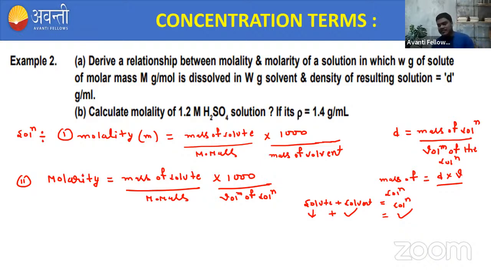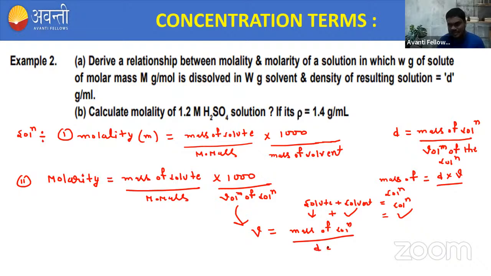Instead of volume, density is given. Then how will you approach? We know that density is equal to mass upon volume of the solution. So we can calculate volume of the solution is equal to mass of the solution upon density.